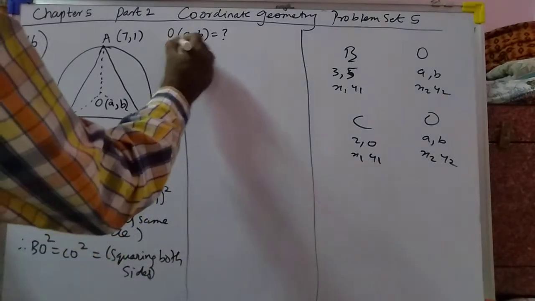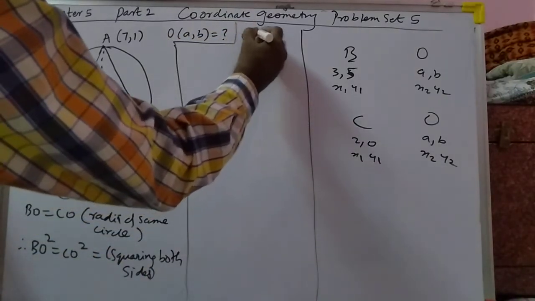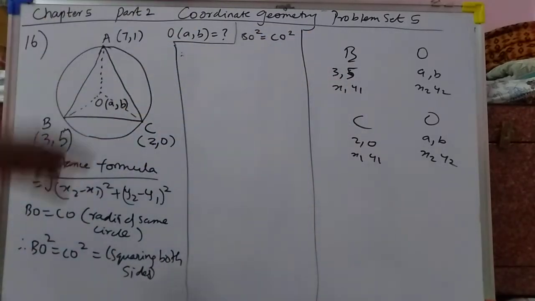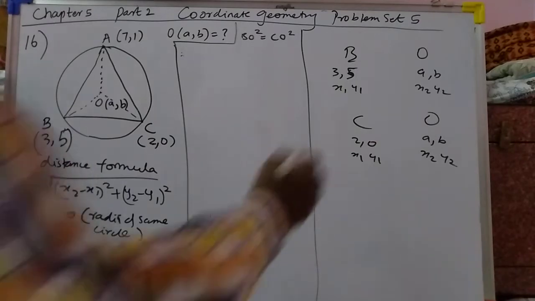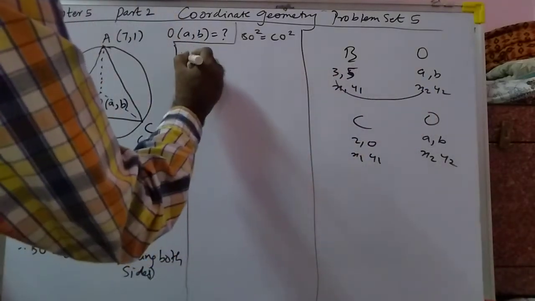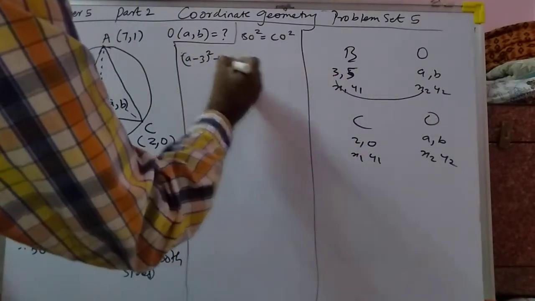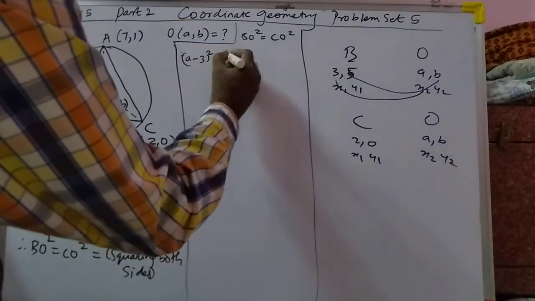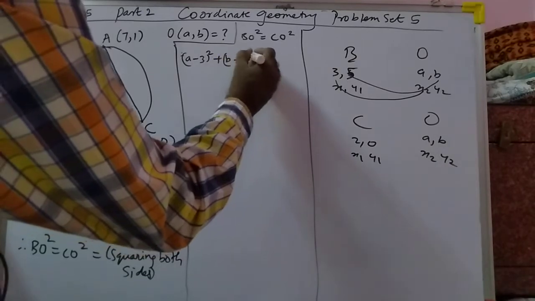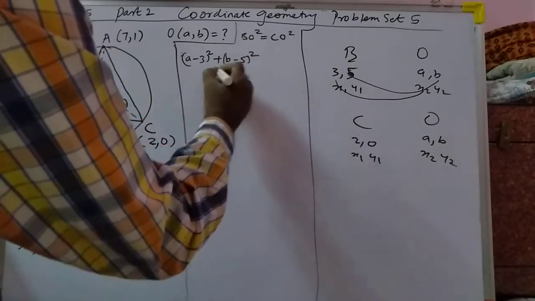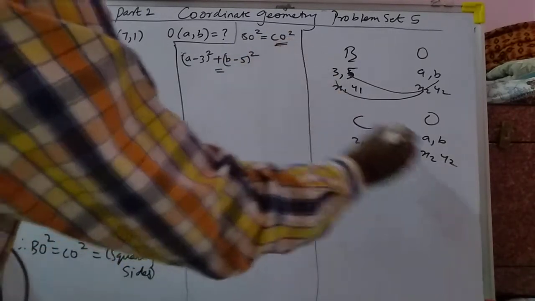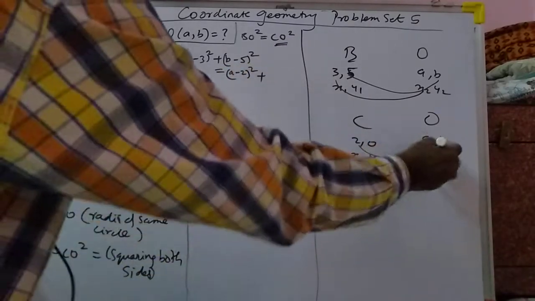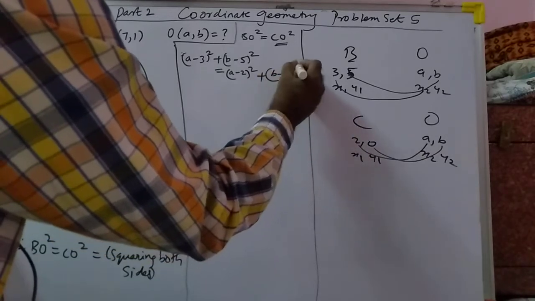So BO square is equal to CO square. Using the distance formula: (a minus 3) the whole square plus (b minus 5) the whole square is equal to (a minus 2) the whole square plus (b minus 0) the whole square.